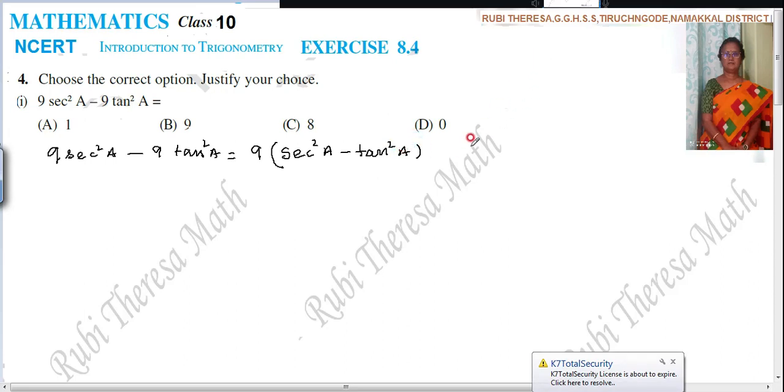So first you should know the identity. What is the identity? 1 plus tan squared A equal to secant squared A. Trigonometric Pythagorean identity, isn't it?